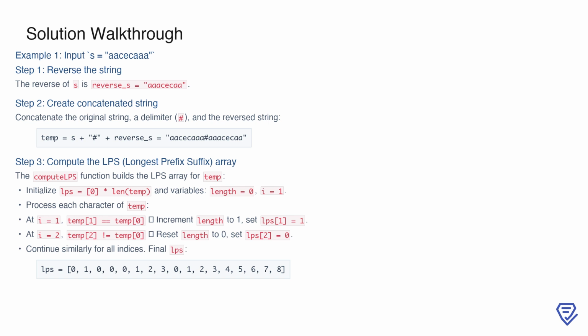For example, at index 1, the characters match, so we increment length to 1 and set LPS[1] equals 1. If the characters don't match, we reset the length based on the LPS values. This process continues for all indices, and at the end, we have the LPS array as 0, 1, 0, 0, 0, 1, 2, 3, 0, 1, 2, 3, 4, 5, 6, 7, 8.